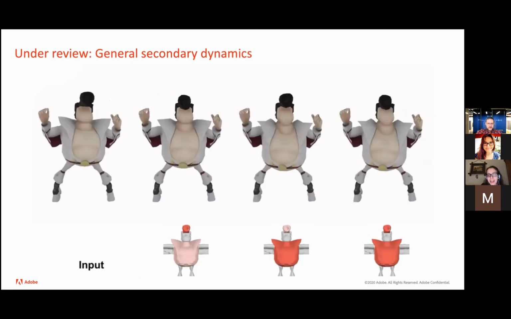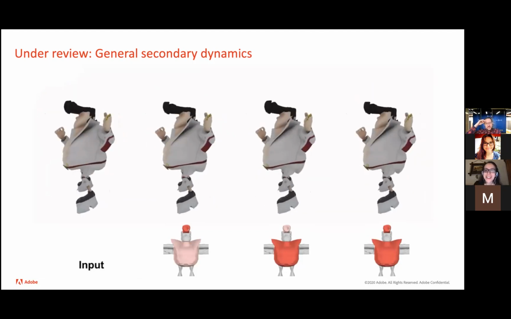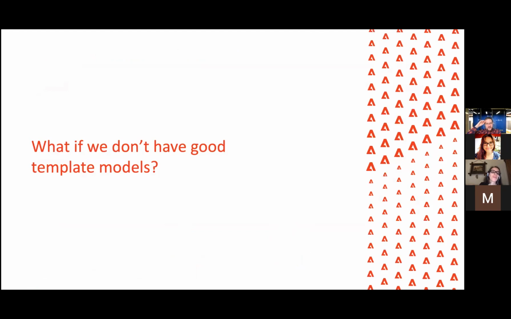So with that, I now want to change gears a bit. In this first part of the talk, we looked at garments, and for the garments, we assumed we have these good template models. Like we assumed for, let's say, a shirt, we know how the 2D garment patterns would be.